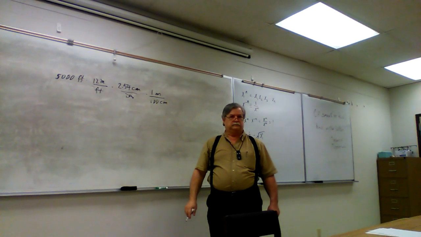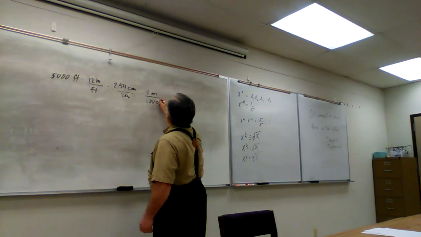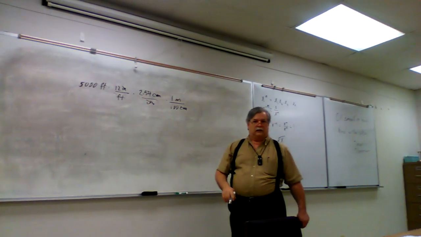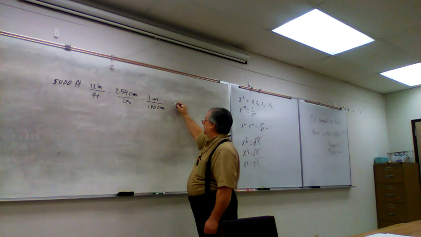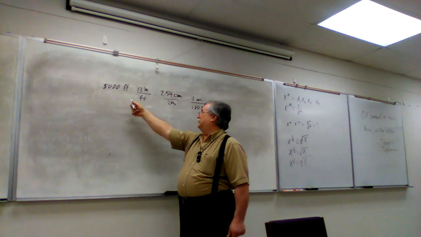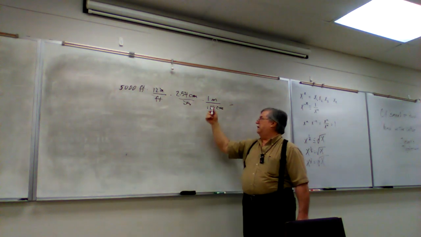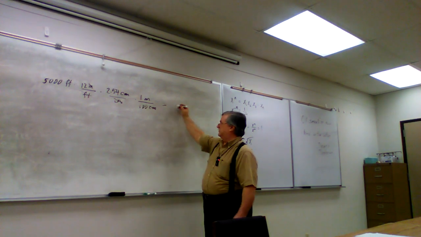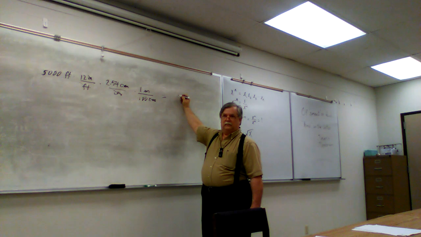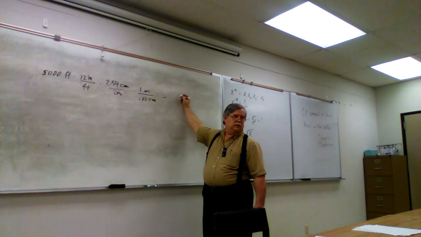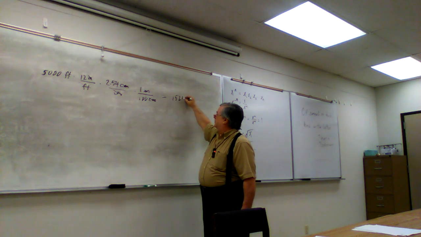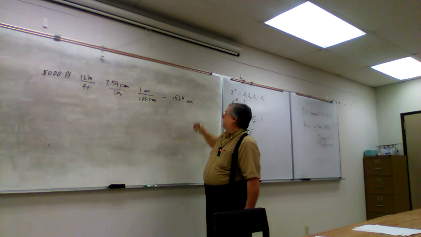Right? Now the centimeters have canceled out. And we've got a number in terms of meters. Someone with a calculator, 5,000 times 12 times 2.54 divided by 100 equals? Say again? 1,524 meters.